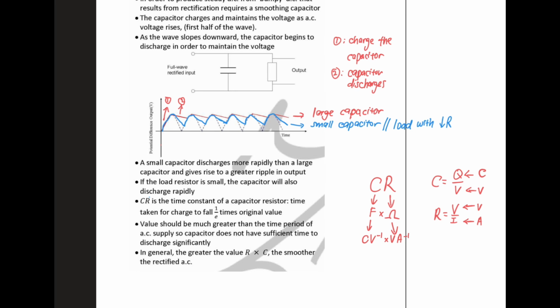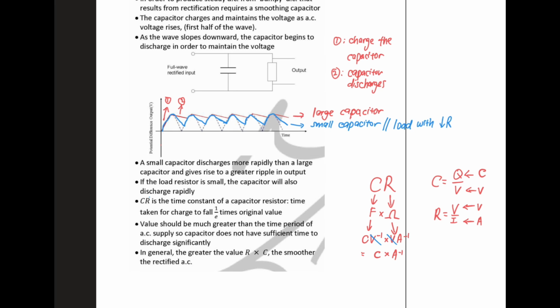Because of that, we can cut the volt away. So we are left with coulomb multiplied with ampere^-1. Okay, so I write down first: end up with coulomb multiplied with ampere^-1.